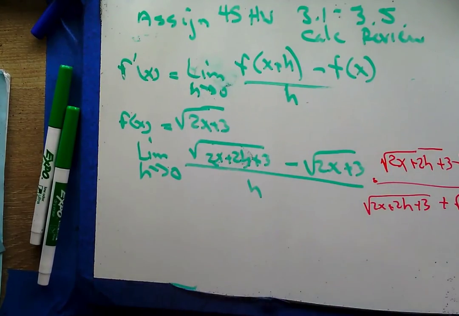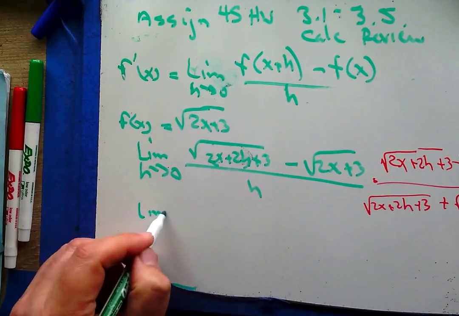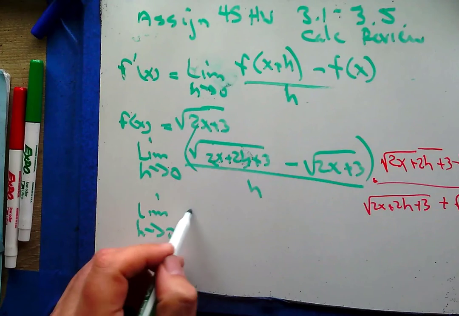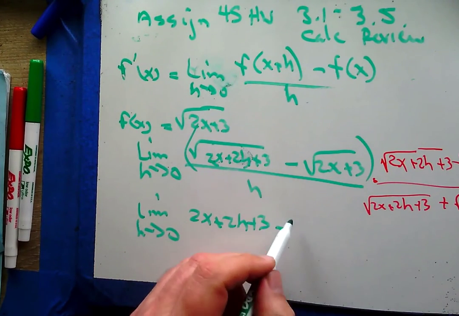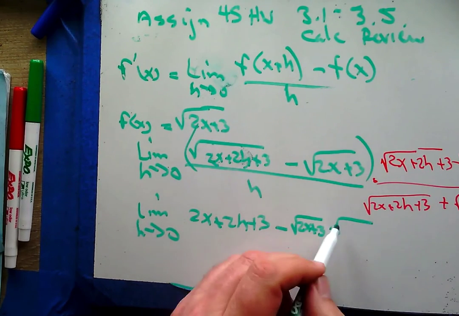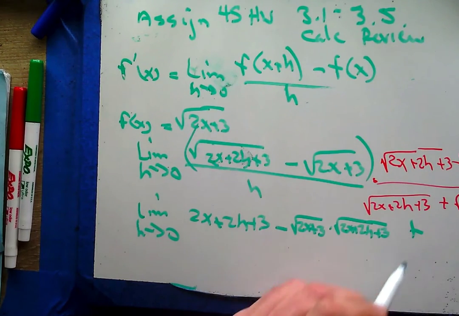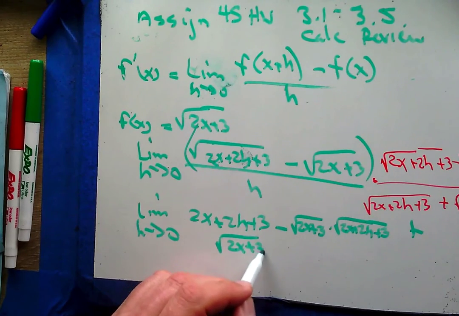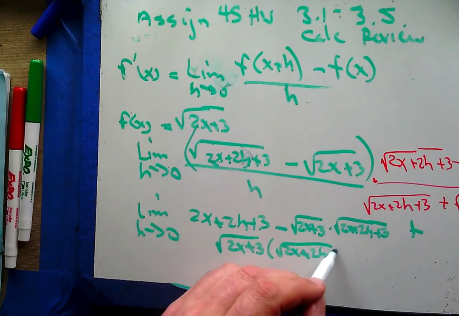So on top, I've got some FOILing to do. That's going to be the limit as h heads to 0 of 2x plus 2h plus 3, minus square root 2x plus 3 times square root 2x plus 2h plus 3, plus square root 2x plus 3 times square root 2x plus 2h plus 3.